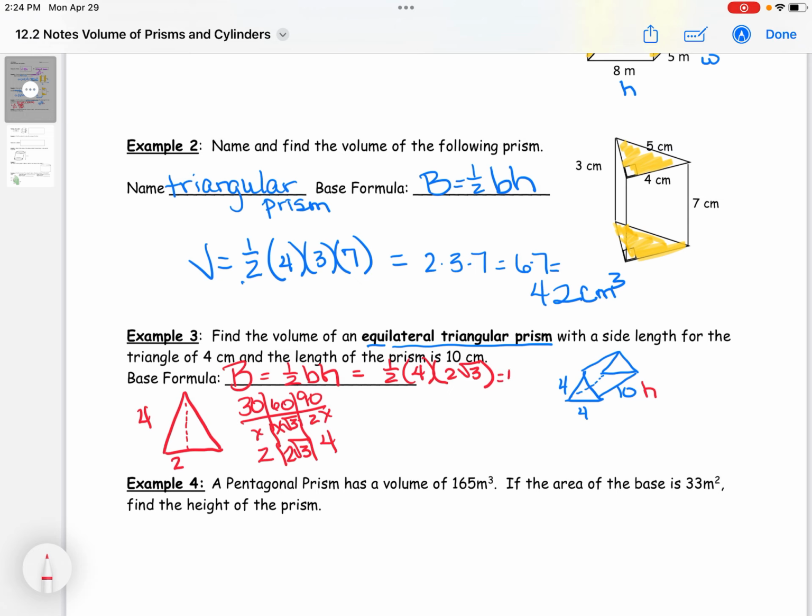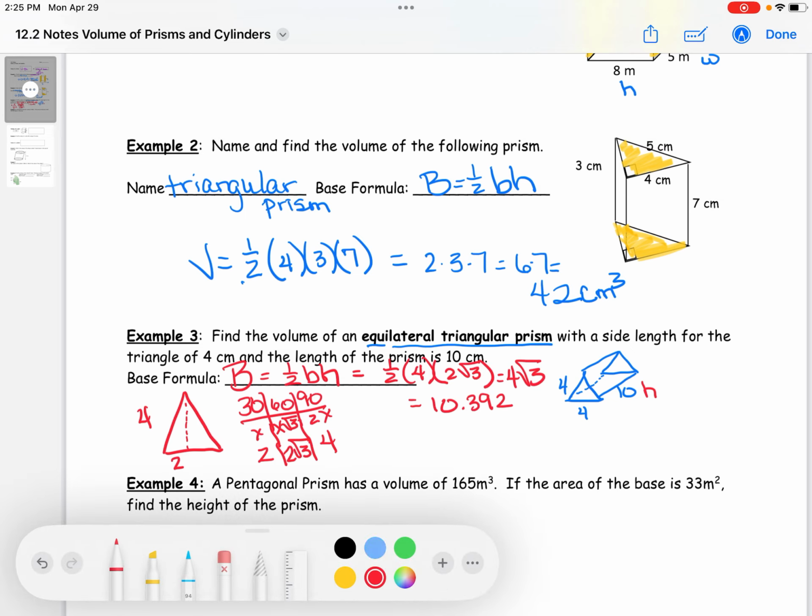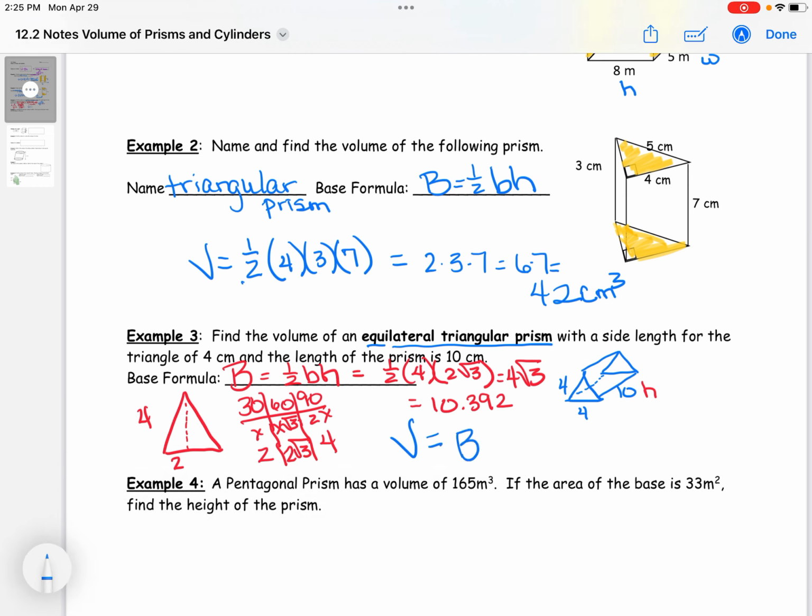So that's 2 times 2, so that's 4 square root 3, which apparently is 10 point, sounds a little high to me, but then we'll do the volume times 10, which is 103.92 centimeters cubed.